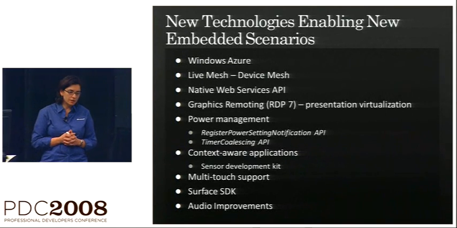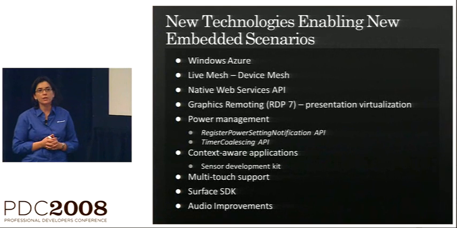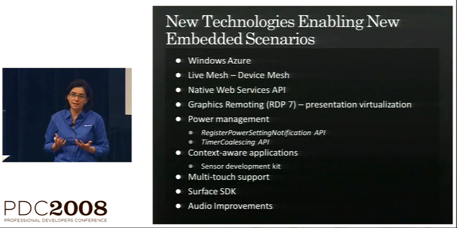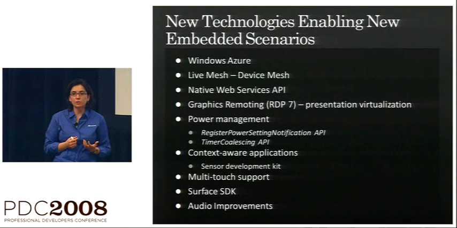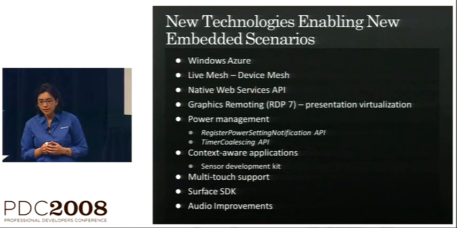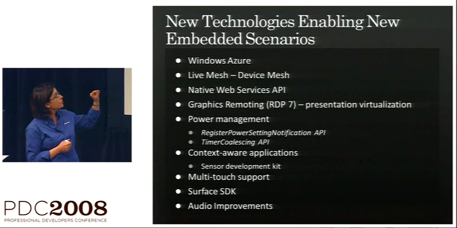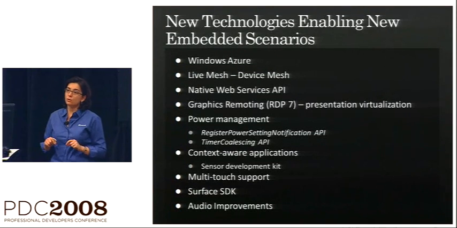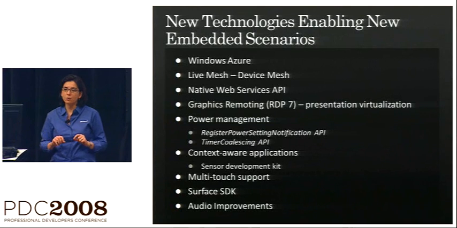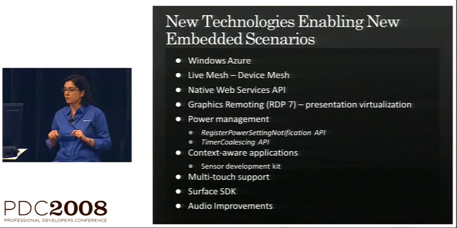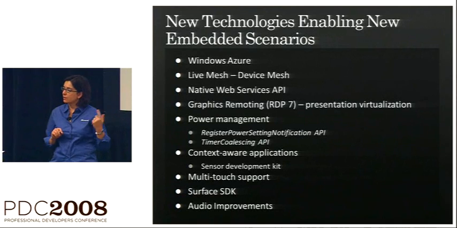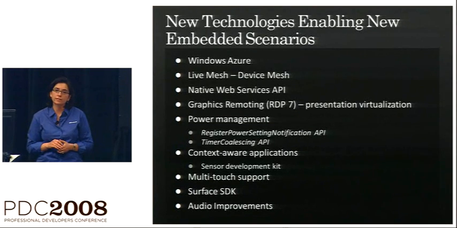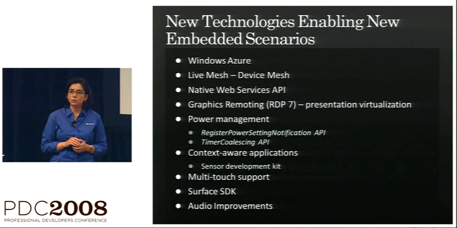Now, power management is another interesting aspect. Windows typically has been known to be a power hog for embedded, and that has been a problem, especially when it comes to mobility. I wanted to call out a couple of new APIs in Windows 7 that as application developers you can use to optimize power for your embedded devices. Specifically, the register power setting notification API and the timer coalescing APIs can be used to manage power.